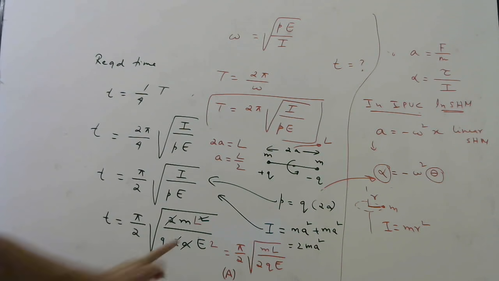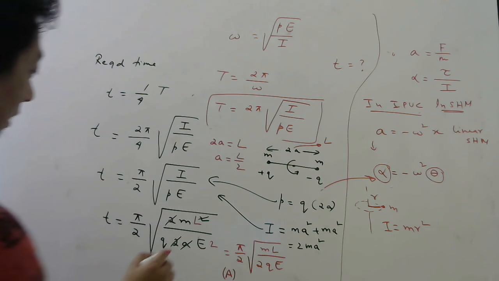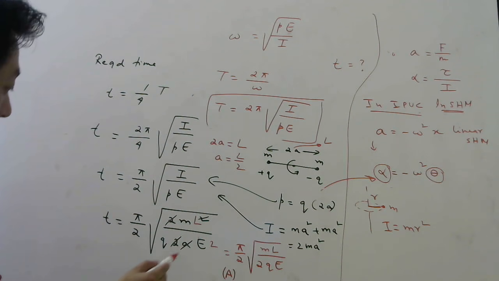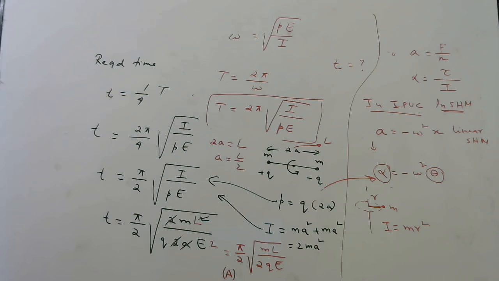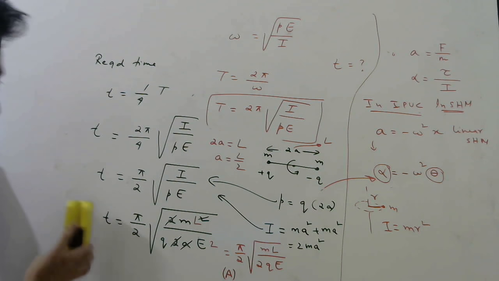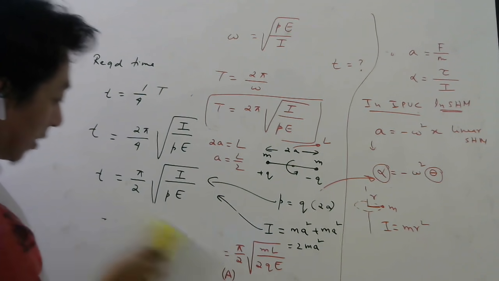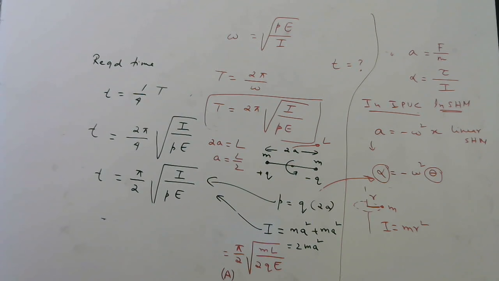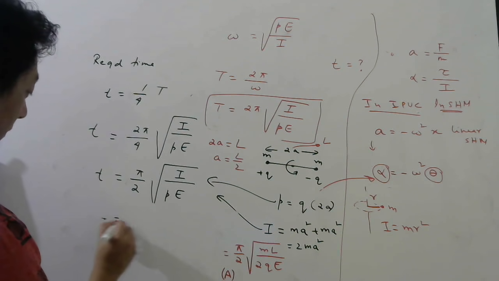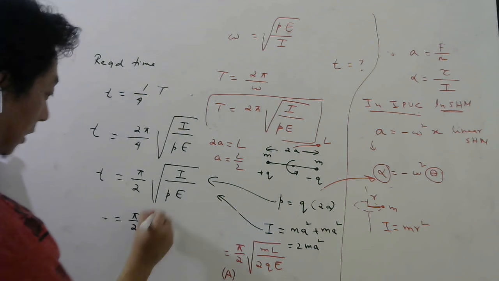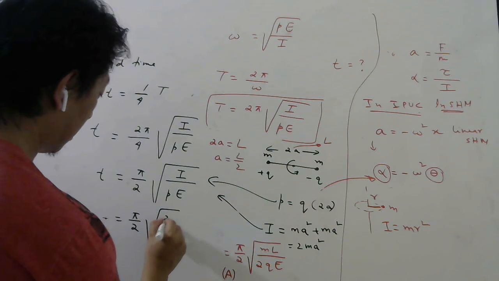This 2 and this 2 will cancel, right? And there was 2A. Okay, let me just check once carefully. What is the moment of inertia? Moment of inertia is 2ma square.